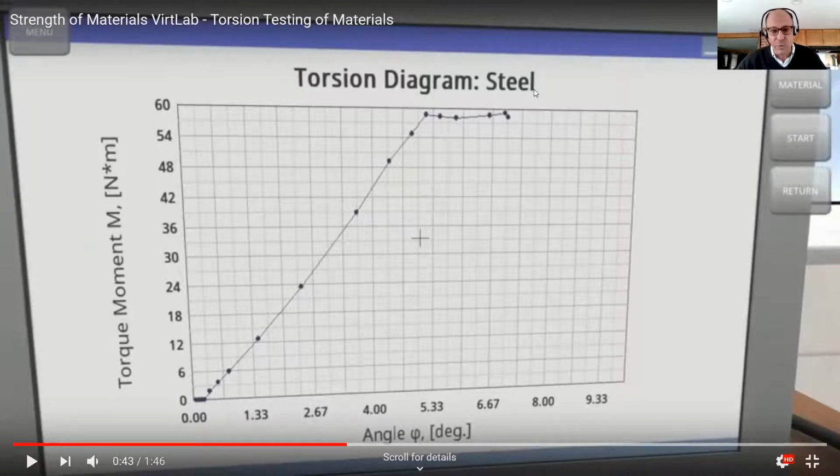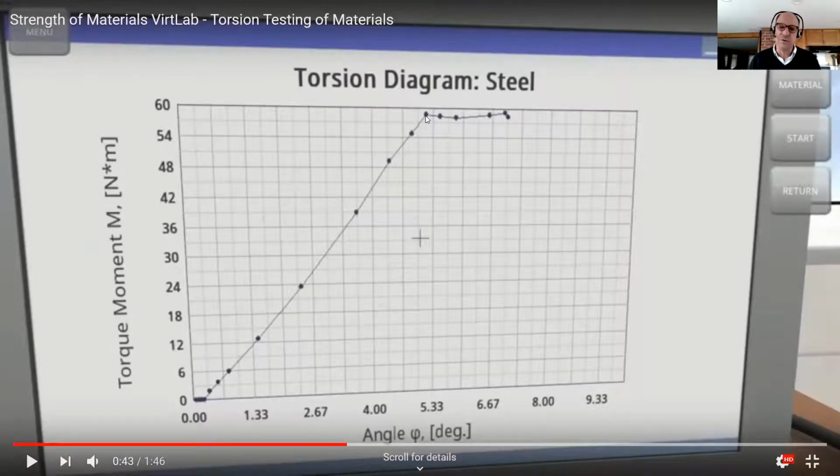And we're looking right at this point, right at where we end the linear relationship or the elastic relationship of that torsion rod. So theta equals TL over JG. I'm going to give you G as well. G, the modulus of rigidity for iron, is 66 gigapascals.